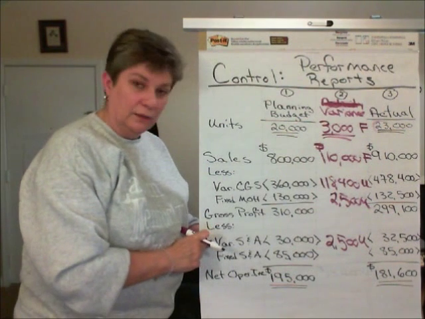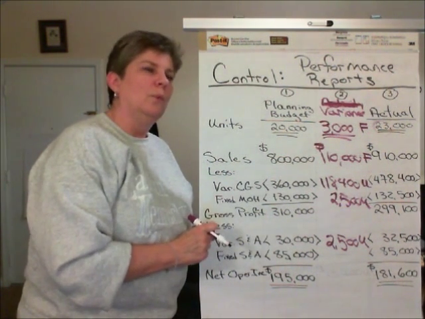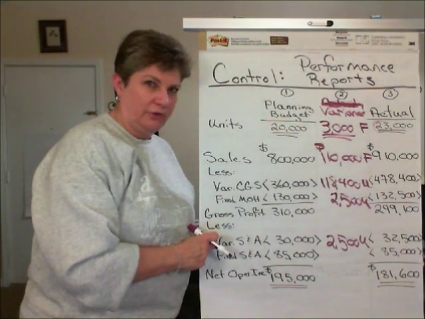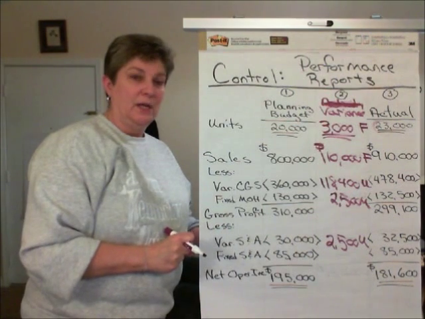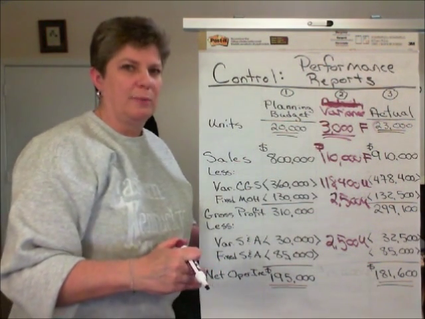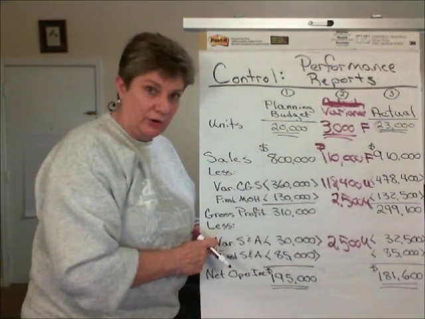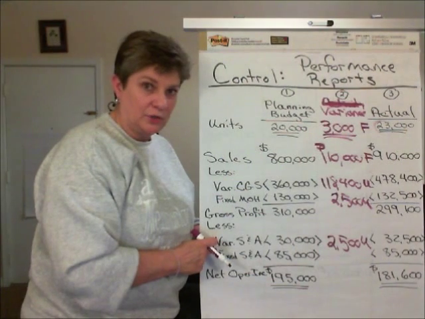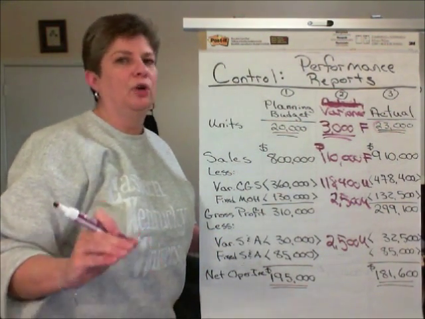So again, we need to look for more detail. What specific costs did we spend more for than we expected? Which ones did we spend less for than was expected? So we need further analysis of the variable selling and administrative costs before we can take corrective action if corrective action is needed.